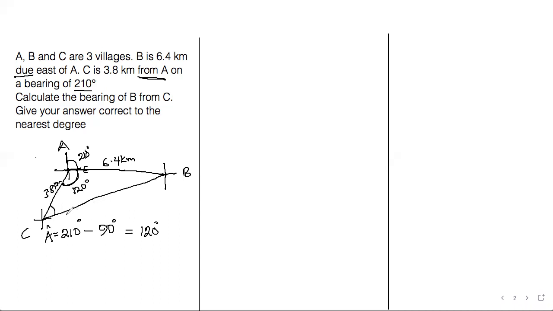So what do I do? I need to first calculate this side BC using cosine rule, because I know the angle that is facing that side. Then I can use that to calculate this angle. We cannot use sine rule here because we don't have the angle that is facing this side.